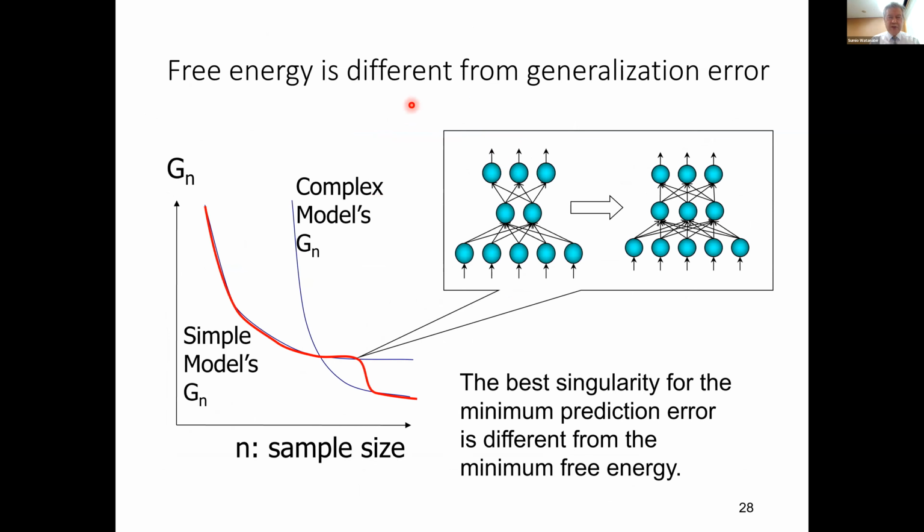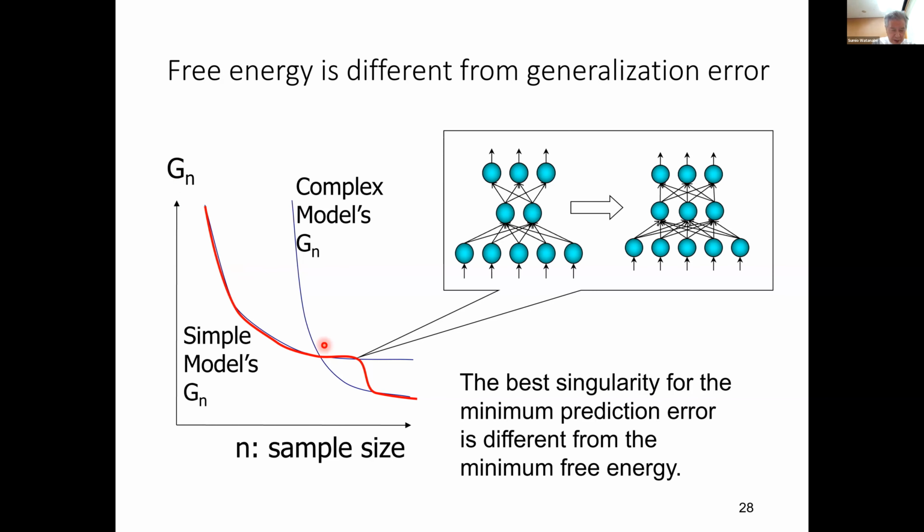So the free energy is different from generalization error. The best singularity for the minimum prediction error, or minimum generalization error, is different from the minimum free energy. So the jumping process is caused by choosing the minimum free energy, but it is different from the minimum generalization error. Here you can find the sample size on the horizontal line, and the vertical line is the generalization error.